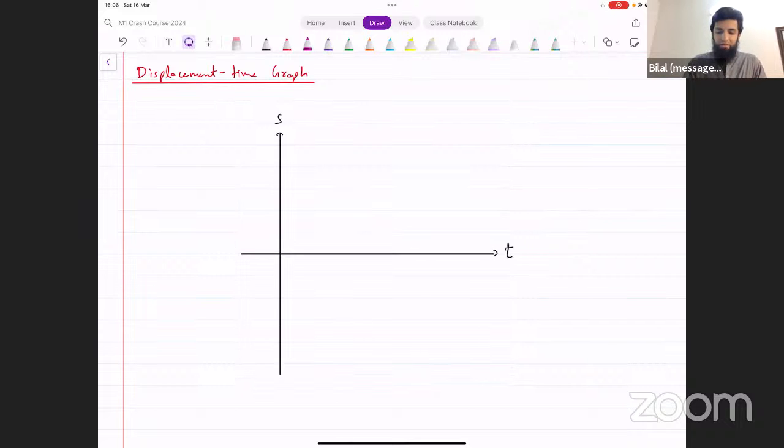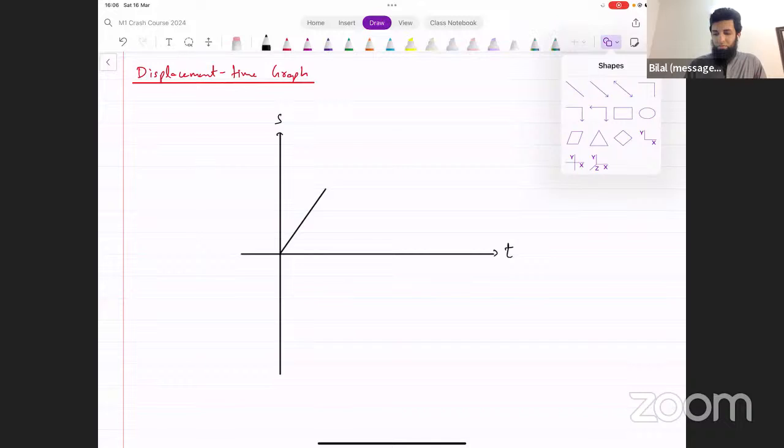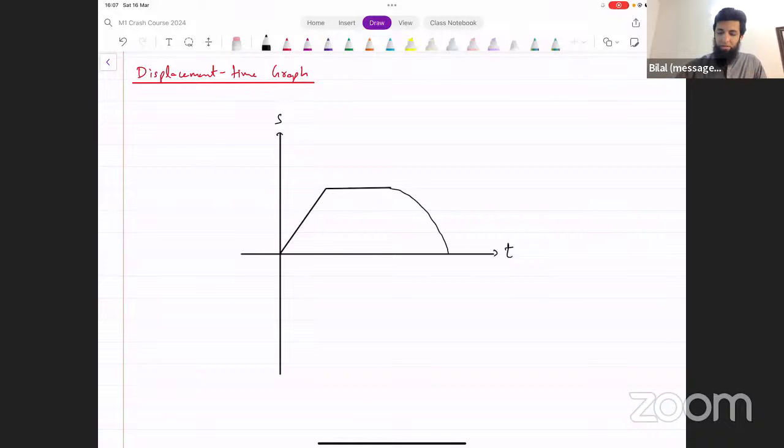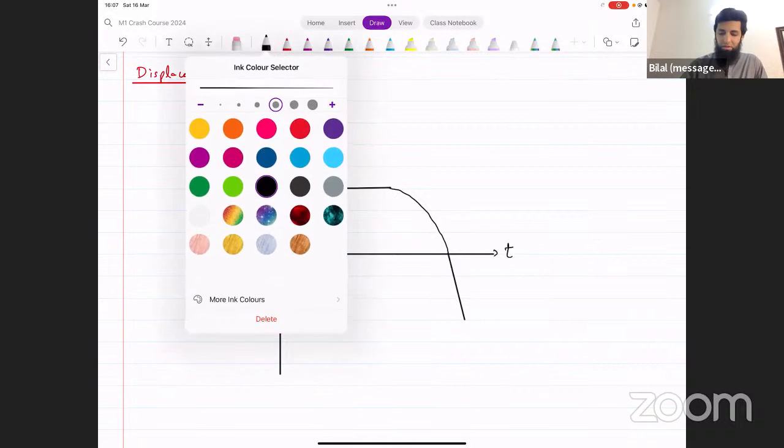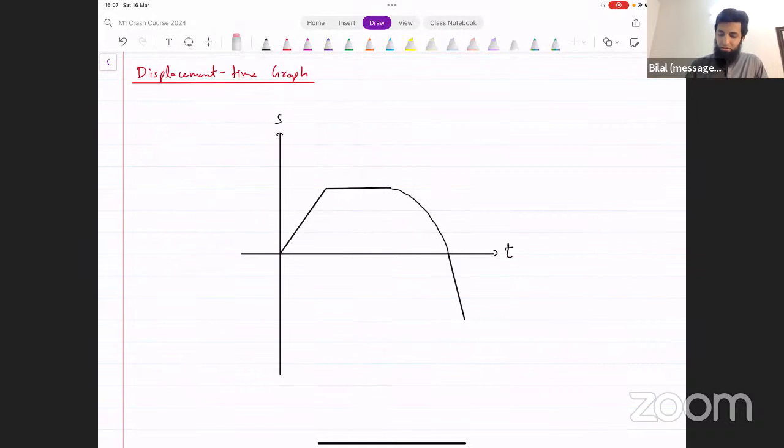Let's say you have a graph that looks like this. You're going in this direction, and then let's say you go right like this, then you come down as a curve. Then you could have a line like this, and let's go back to the same point.